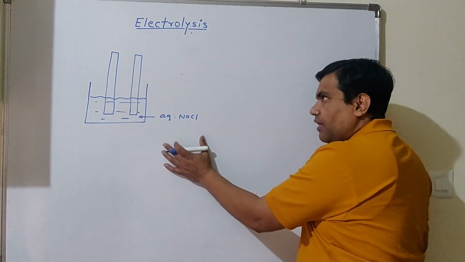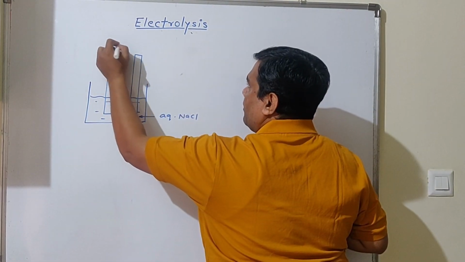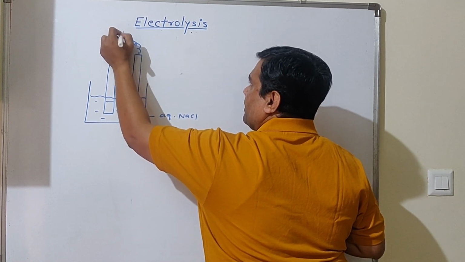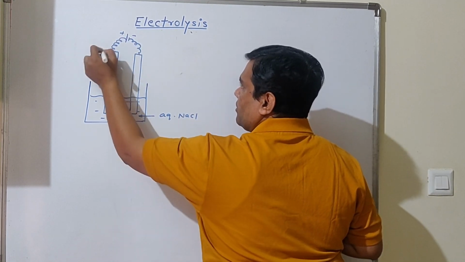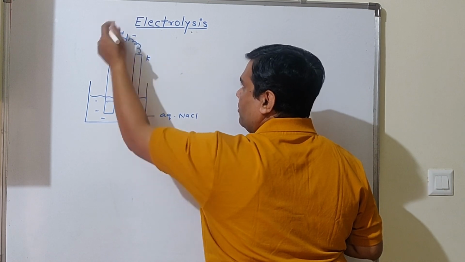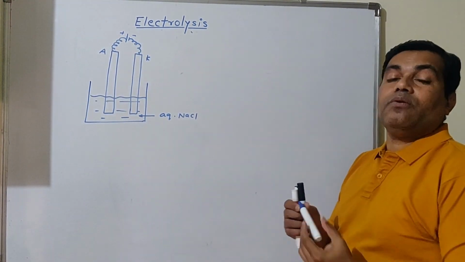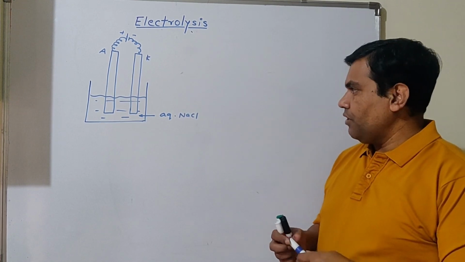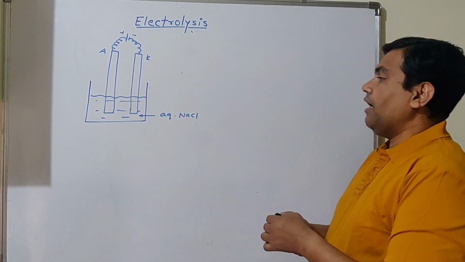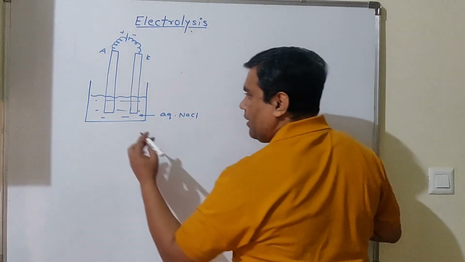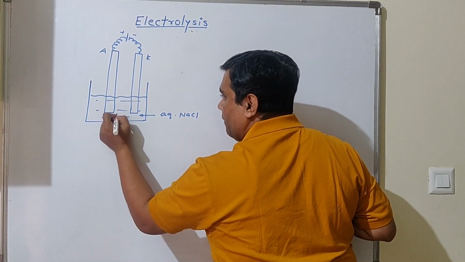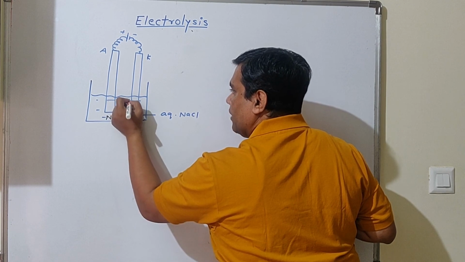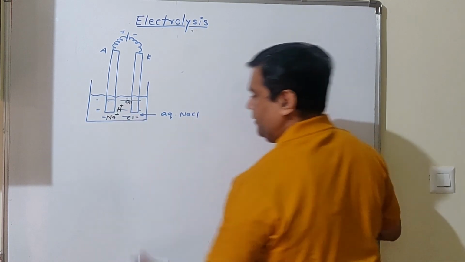And to carry out the electrolysis, we are again using an external agency, that is, we are connecting this with a battery. So this is an anode and this is a cathode because positive is being connected. And again, we know that here the movement of the electron will be in the upward direction. However, when we use aqueous NaCl, we have Na plus, Cl negative, H plus and OH negative ions.